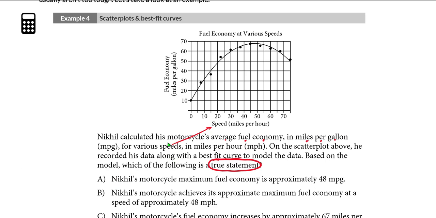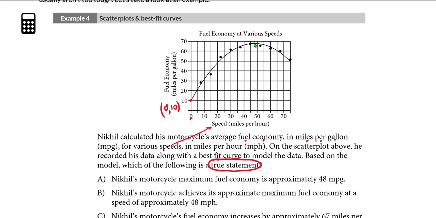We probably are going to just want to go to the answer choices and examine them one at a time. In other words, kind of backtrack this. But we could just look at this and say, all right, well, we do have a y-intercept of (0, 10). So that means that when he's not driving at all, his fuel economy is 10 miles per gallon.